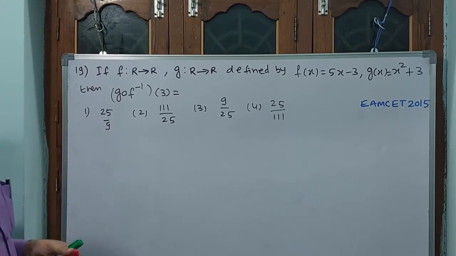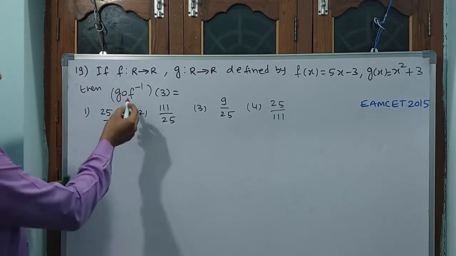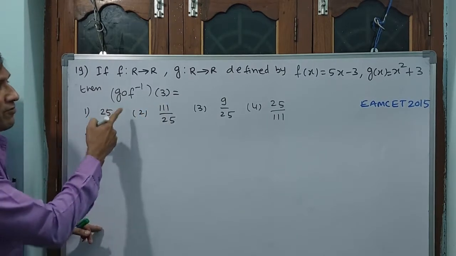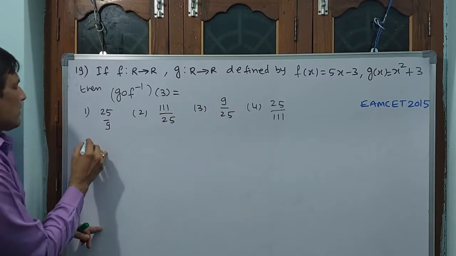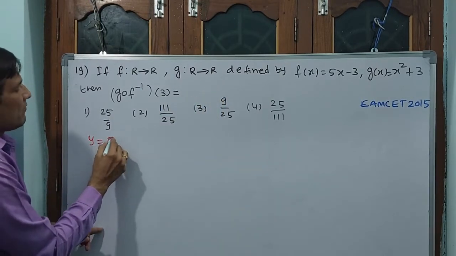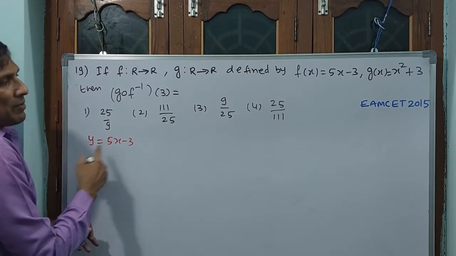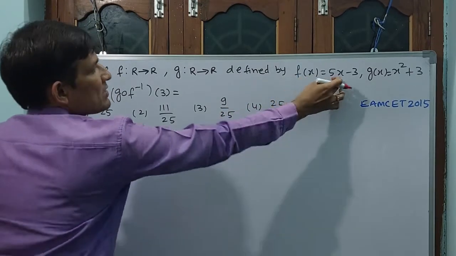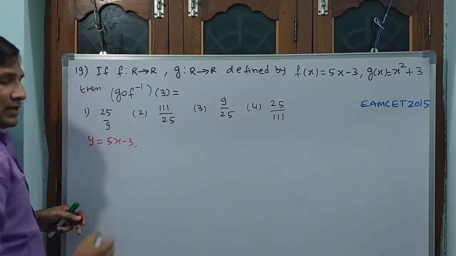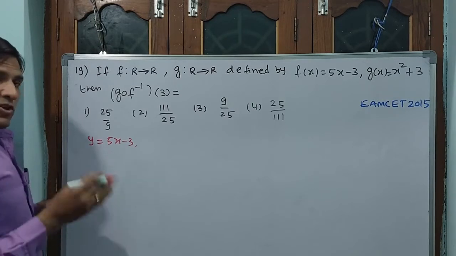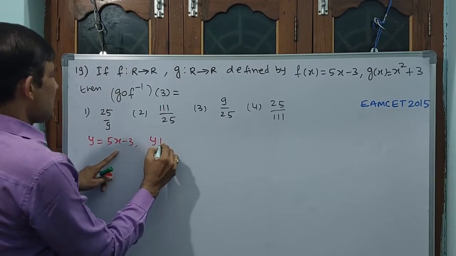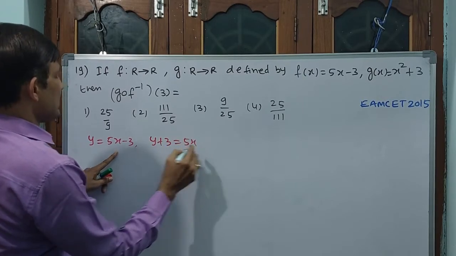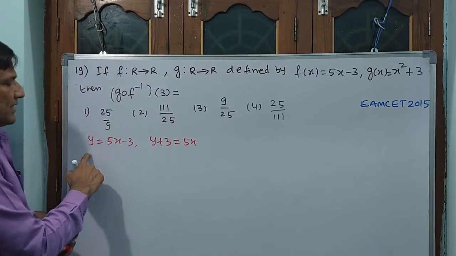Okay, see what I am doing now. First, f inverse of 3 you have to find. For f of x you have to take y. See, y is equal to 5x minus 3, because I have replaced f of x as y. Okay. If you want f inverse of x, you have to find x. So y plus 3 is equal to 5x, I have sent this 3 to this side.